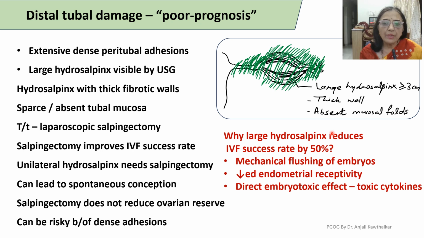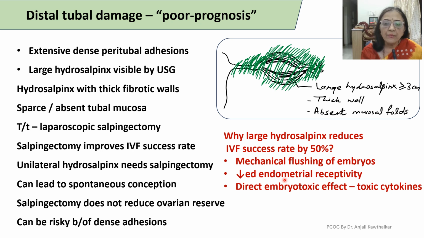Why does a large hydrosalpinx reduce the IVF success rate by 50%? There are some postulations, theories which are given. Either it can lead to mechanical flushing of the embryos, or it can lead to reduced endometrial receptivity for implantation. And what is most accepted is there is a direct embryotoxic effect of the hydrosalpinx because of the release of toxic cytokines from this area, which enter the uterine cavity and lead to embryotoxic action.